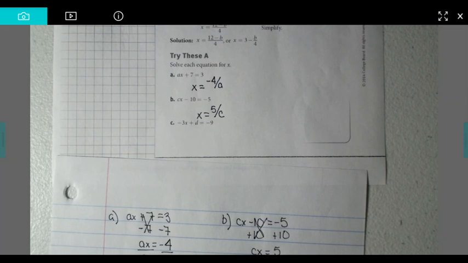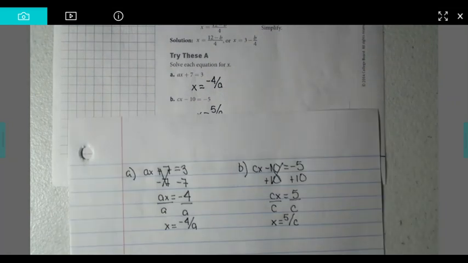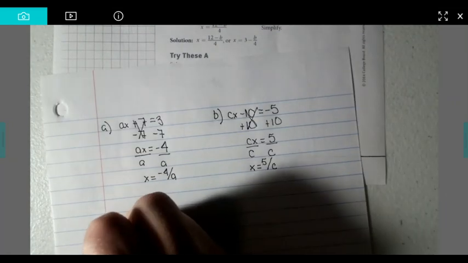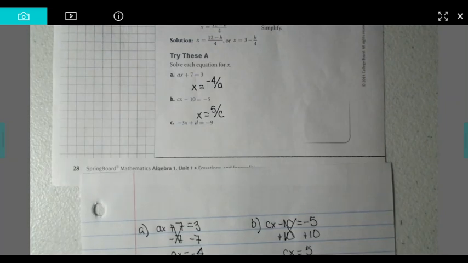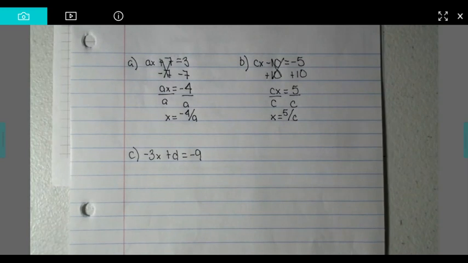Last thing we're going to look at is letter C. That was negative 3x plus d equals negative 9. Again, we are isolating the term with the x.